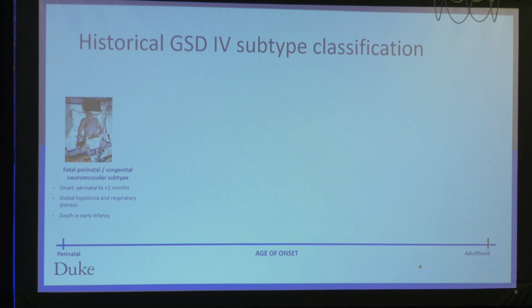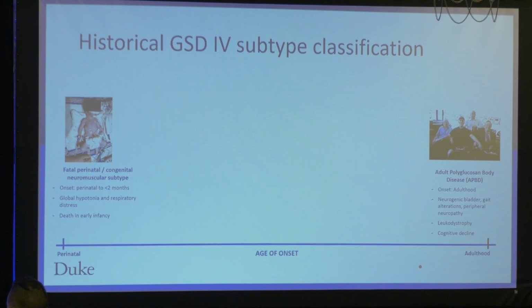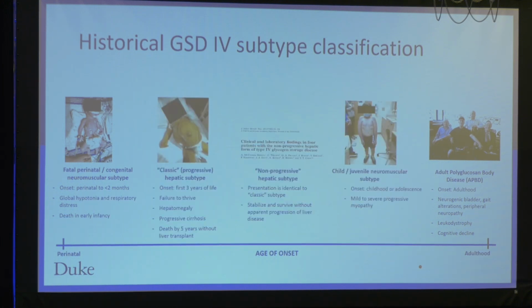It's neuromuscular, and these babies die very shortly after they are born, and they have significantly low muscle tone. At the other extreme, I think Dr. Reed brought this up, is what we call adult polyglucosan body disease. It's all caused by the same enzyme deficiency, but if you look at genetics literature, we call it GSD4. If you look at neurology literature, they call it APBD, and there's almost a disconnect, though both are caused by the same enzyme deficiency.